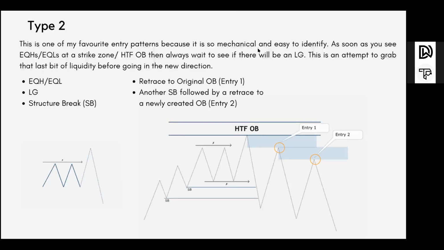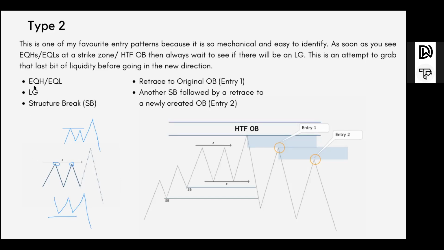One of the most important things to see is equal highs and equal lows. So when price is pushing up and we see equal highs created, that is an ideal situation for us to expect price to first manipulate, take the liquidity grab, and then go in our direction. So we want to see equal highs or equal lows being created.